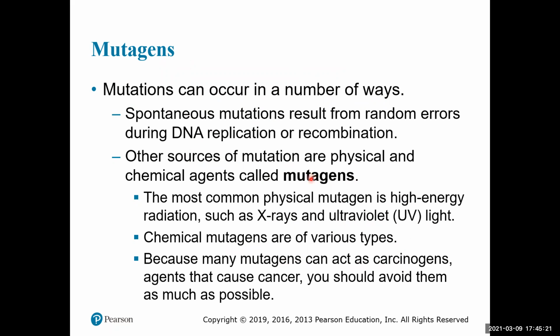So some of these mutagens may not be harmful, but other mutagens could cause specific types of cancer. And so that's where you see warnings. So this could potentially cause carcinogens, etc. And so that's what that exactly means, is that it leads to a mutagen that could potentially cause cancer.